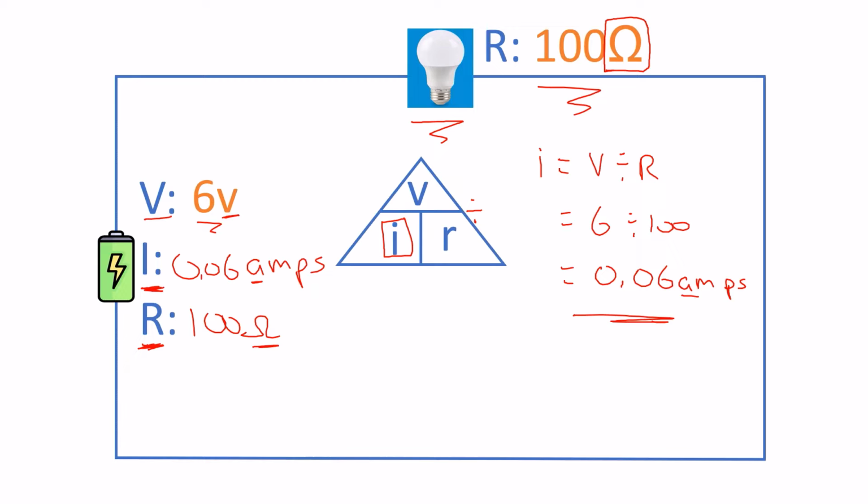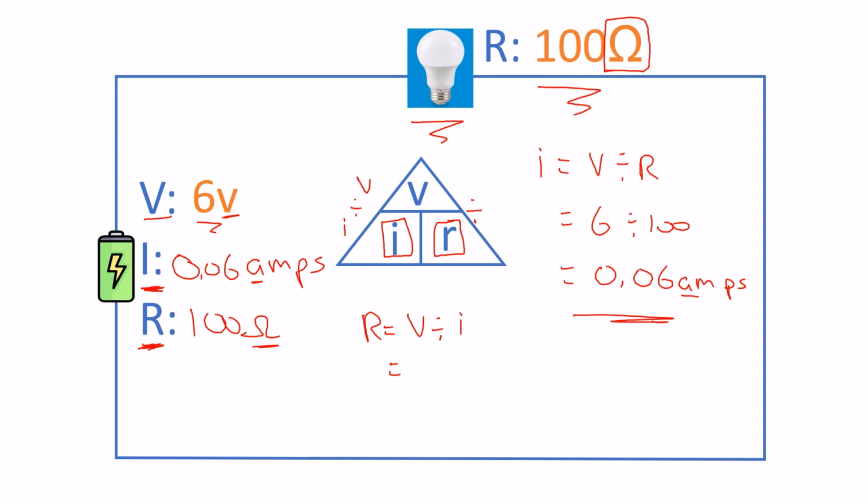Even though I have all my answers, I can still input them in reverse order or in a different order, and I should get the same answer every single time. So, instead of solving for I this time, let's try to solve for resistance. So, as I can see, resistance would be voltage divided by current. So I want to just write that out. So resistance equals voltage divided by current.